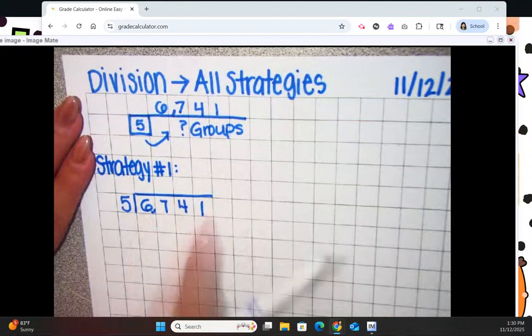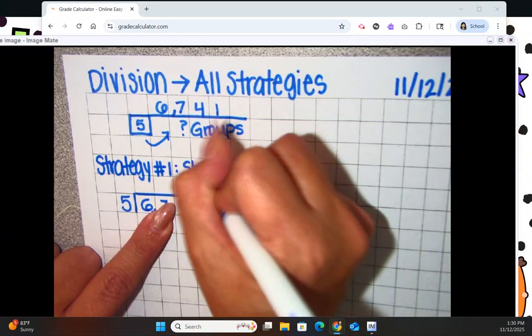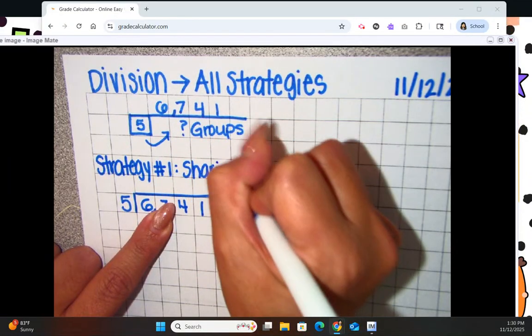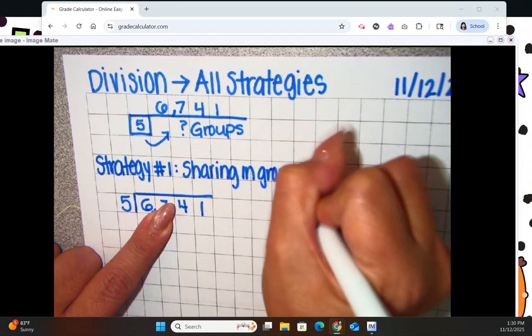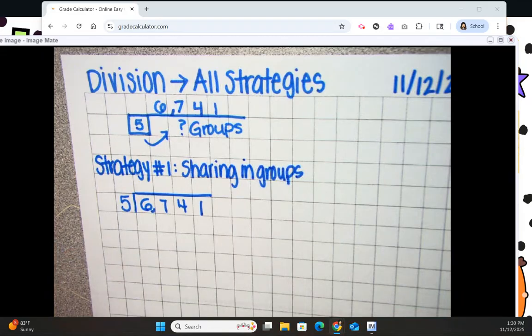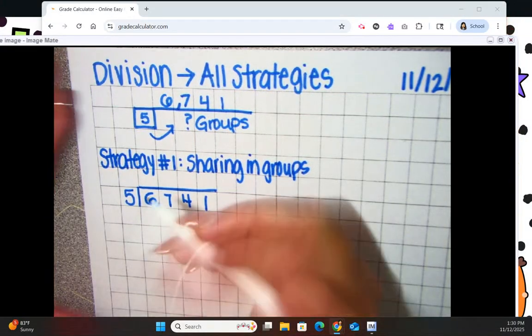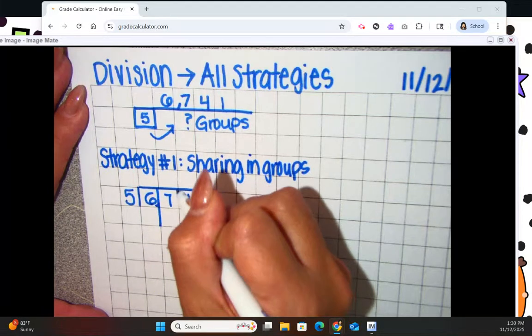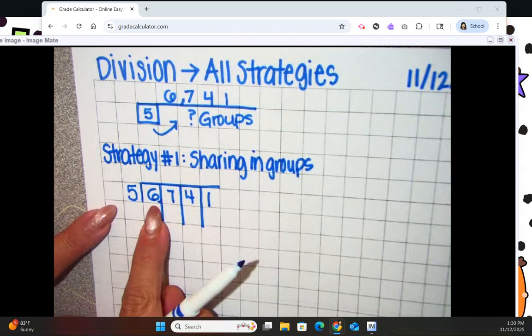Okay, so strategy number 1 is our sticks, but we call it sharing in groups because that's basically what we're doing. We're literally building groups with these sticks. So 6.